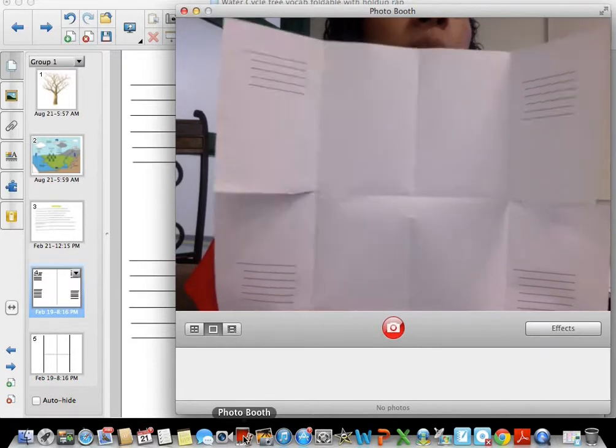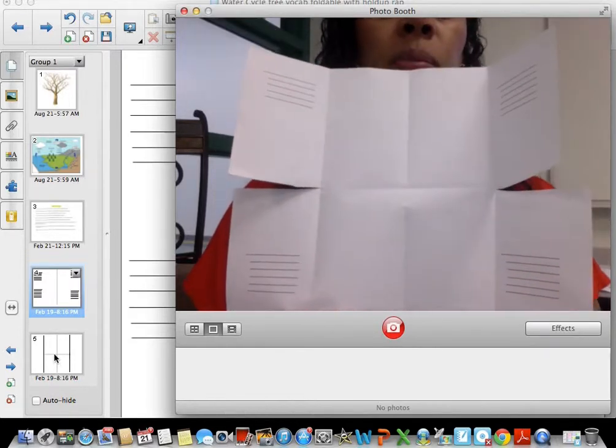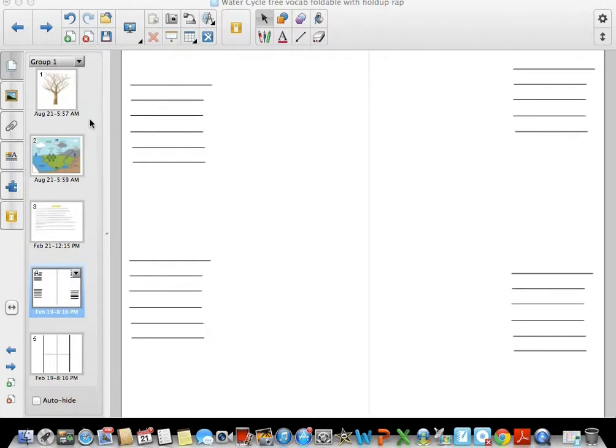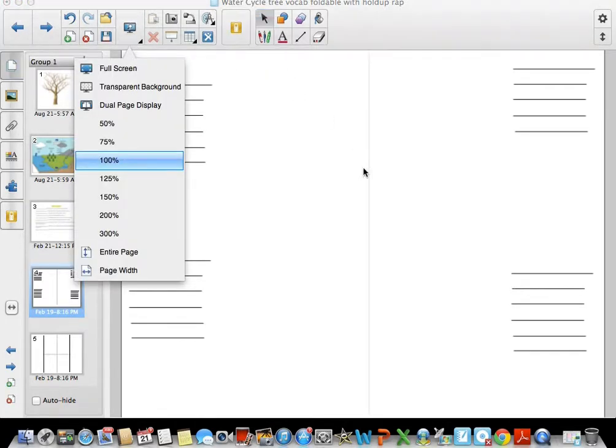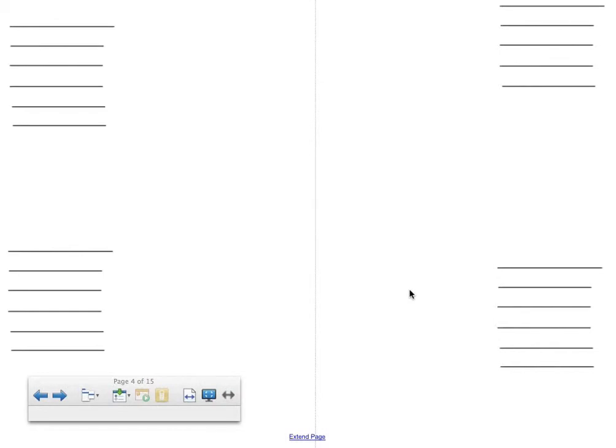Again, everyone's paper should be open like this, which means I'm going to go to my screen that looks like this. All right? So your paper's open. My screen looks like this because this is where we're going to be doing some things. So let's take a look.